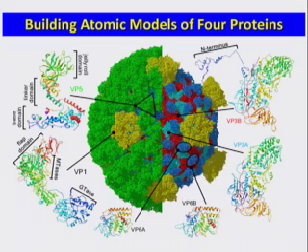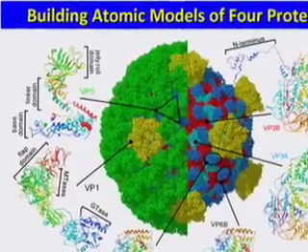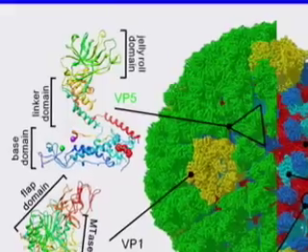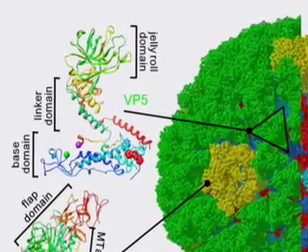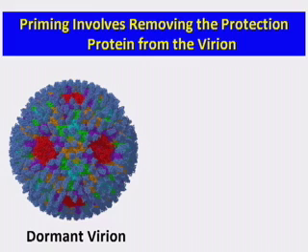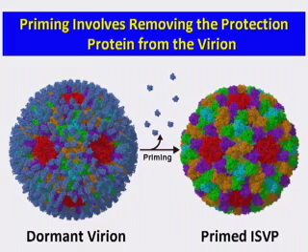Most importantly, from this structure, we found that the outermost protein of the virus, the VP5 protein, is undergoing cleavage. The reason for that is that for the virus to enter the cell, you have to remove the protection protein, leading to the SVP.